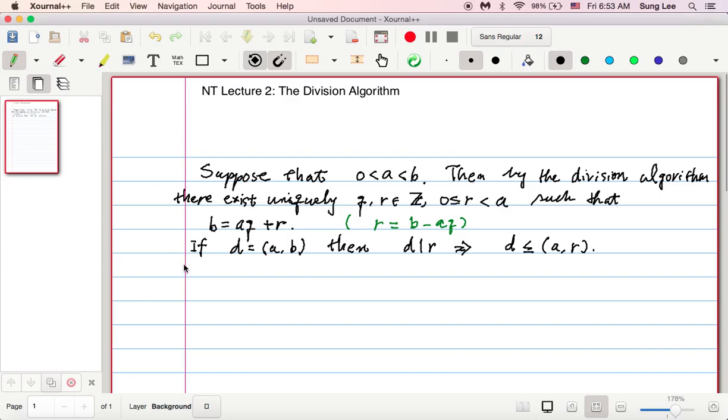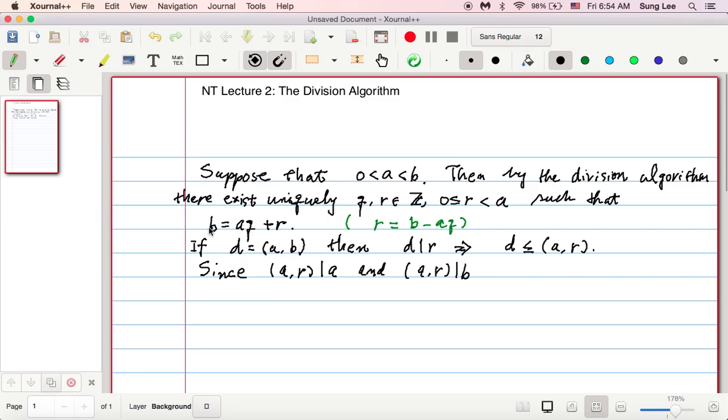Now here, since the GCD of a and r divides a, and also the GCD of a and r divides b as well.